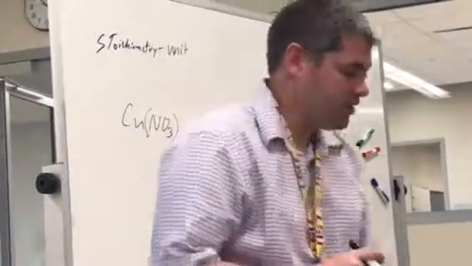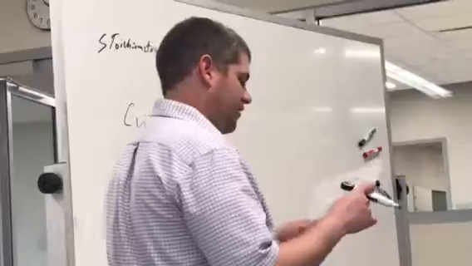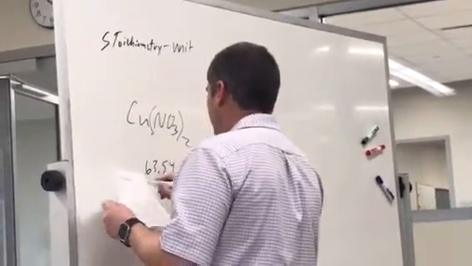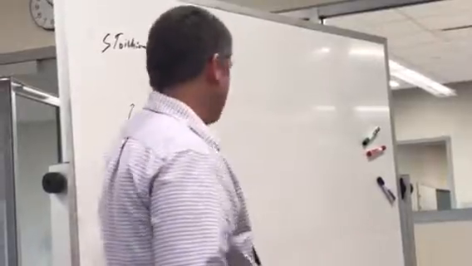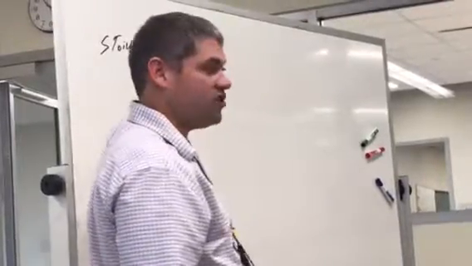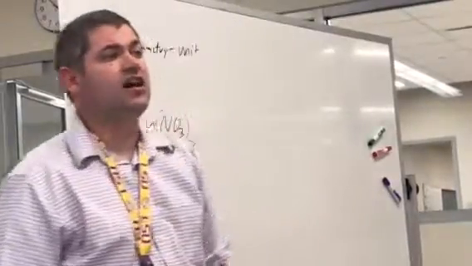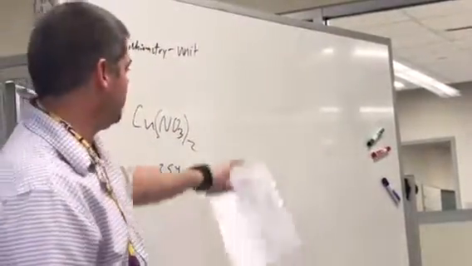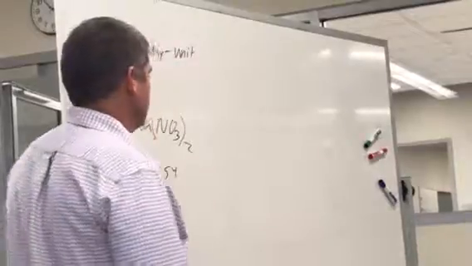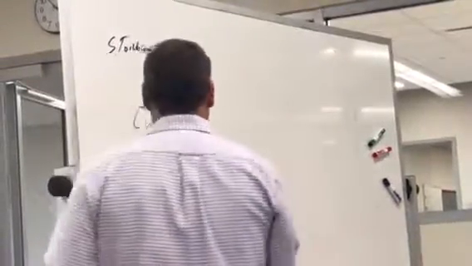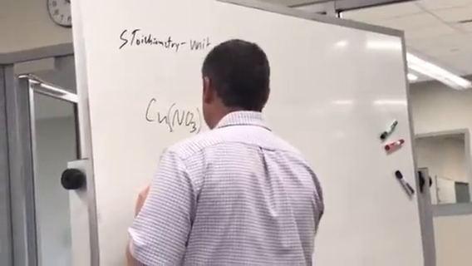I would go to the periodic table, and I would go 63.54 plus, this 2 refers to both the nitrogen and the oxygen. So you have to take this 2 times your subscript, which is 2 times 1, which is 2. So nitrogen, 14 times 2 is 28.